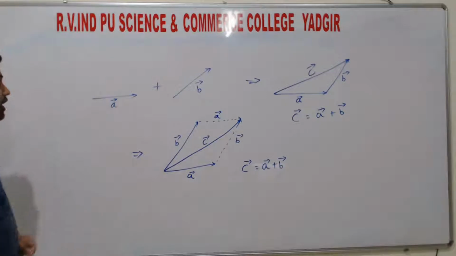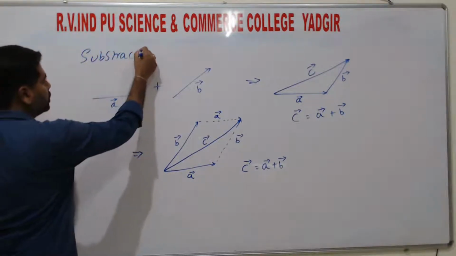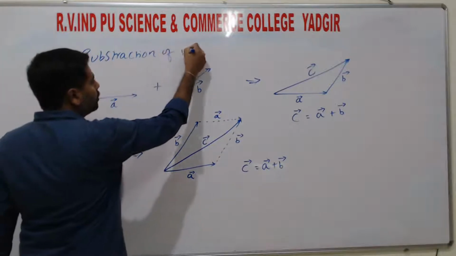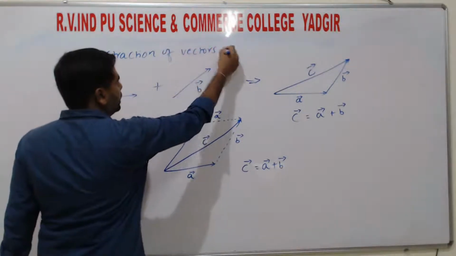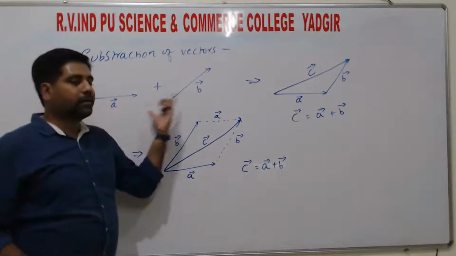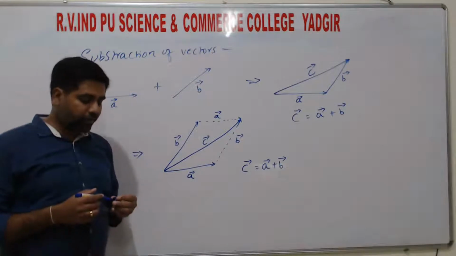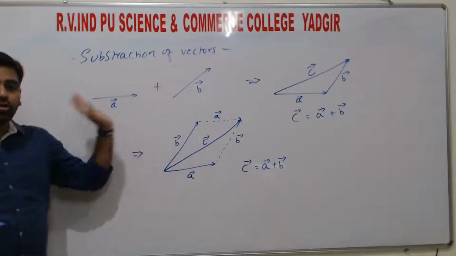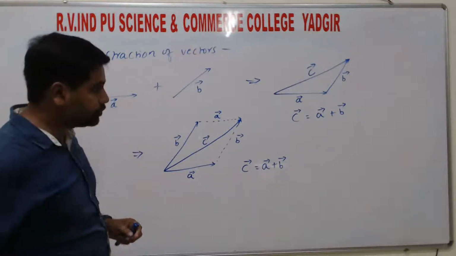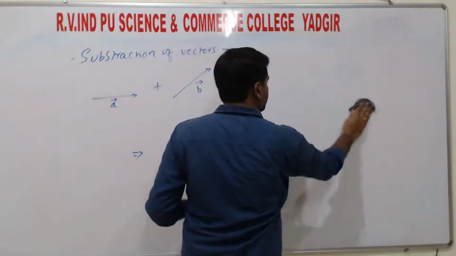In a similar way, we can do subtraction of vectors. As we did the triangle law of addition and parallelogram law of addition, in the similar way we can subtract the two vectors.